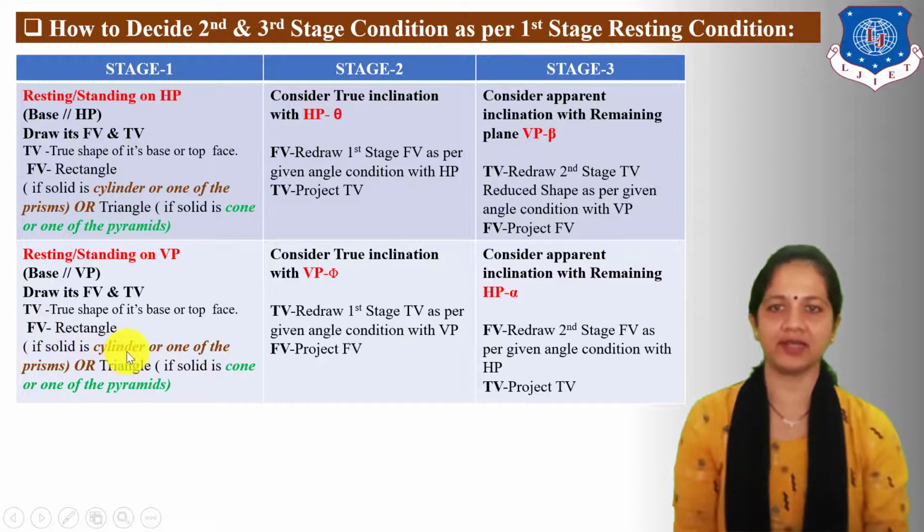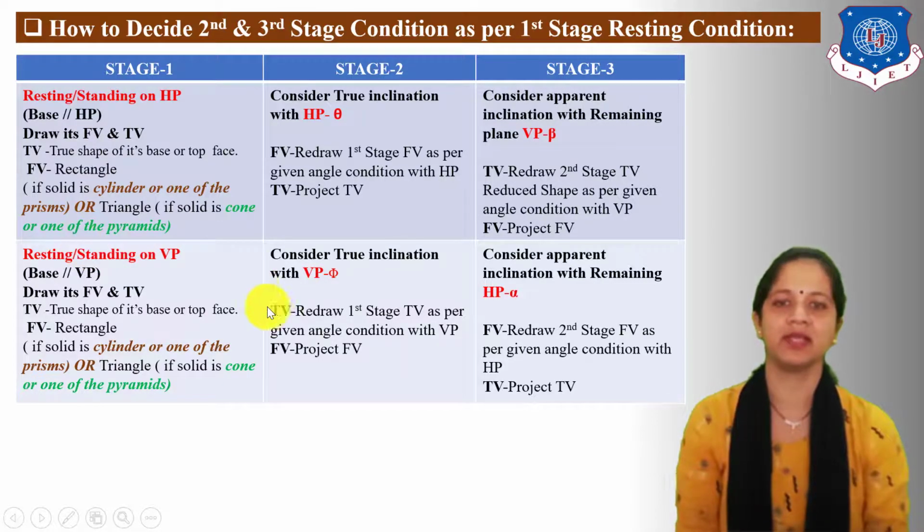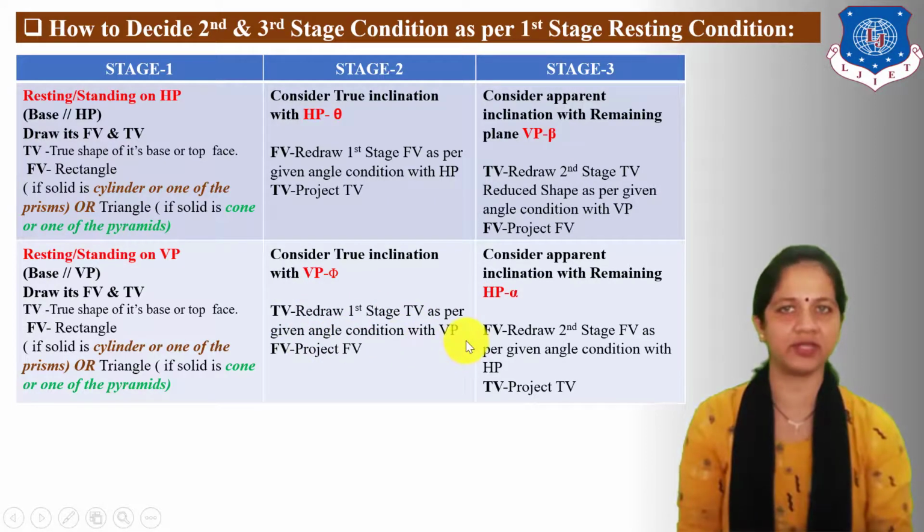The front view is a triangle if the solid is a cone or one of the pyramids. Now in the second stage, consider the true inclination with VP, which is denoted by angle phi, because the resting position of the solid is given on VP on its base, so the base is parallel to VP. In the top view, redraw the first stage top view as per the angle condition given with VP and project the front view.